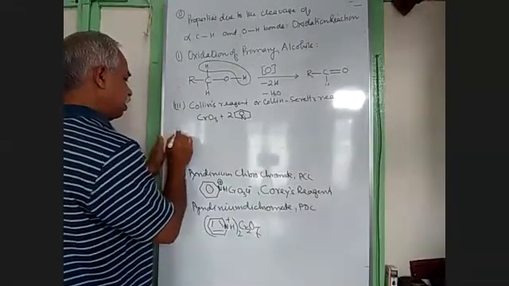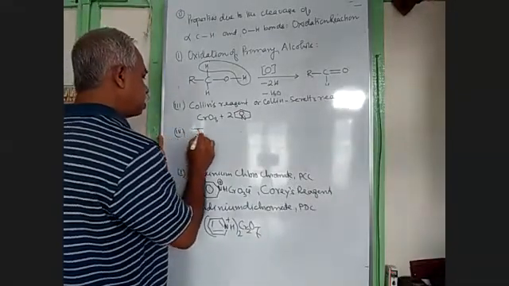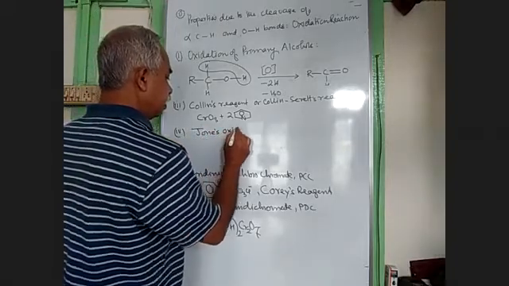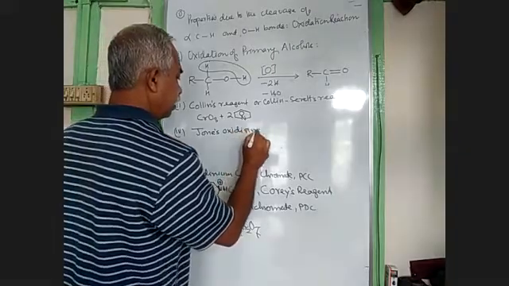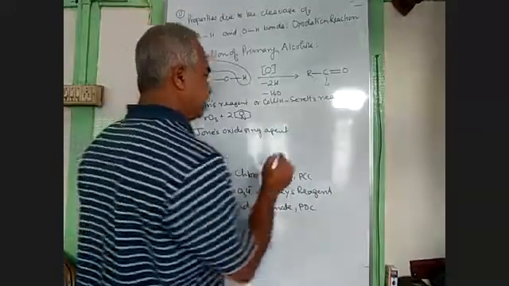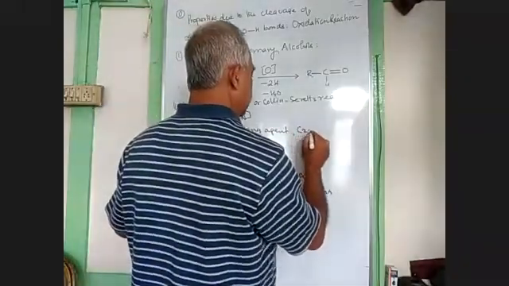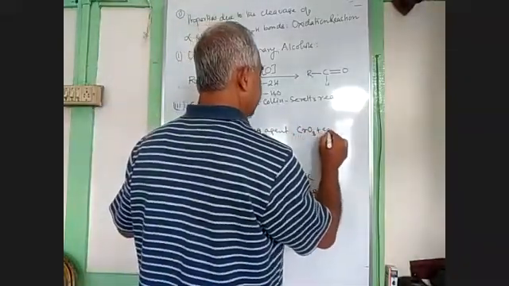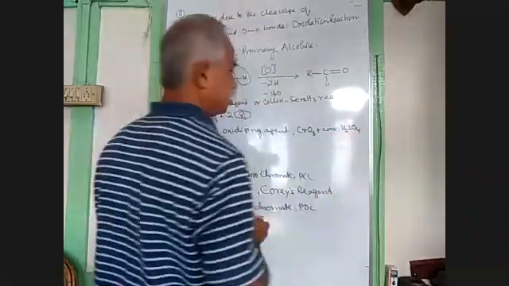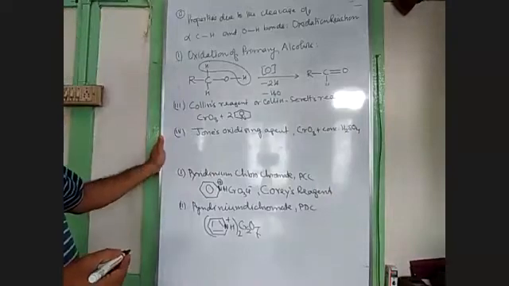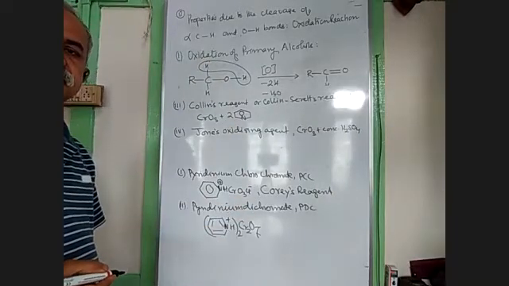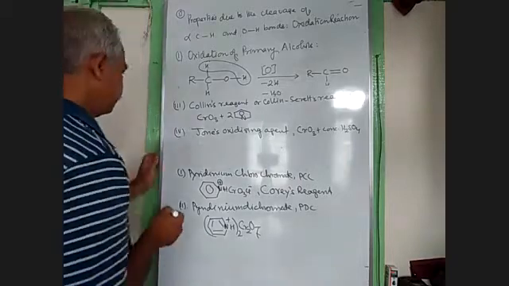Then Jones oxidizing agent. Okay, this is chromium trioxide in concentrated H2SO4. See, in all the cases, the oxidation state of chromium is 6.